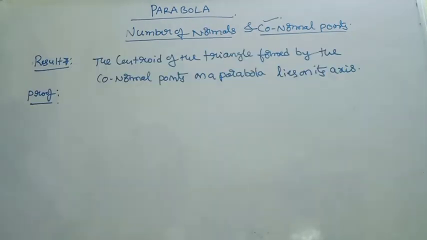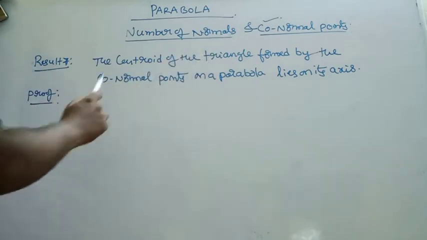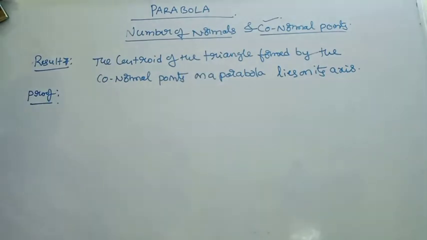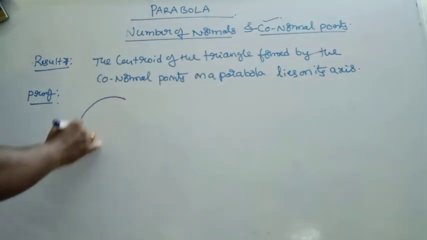Now we have another result, number 7. The centroid of the triangle formed by the conormal points on a parabola lies on its axis. See, my dear students, this is the parabola.